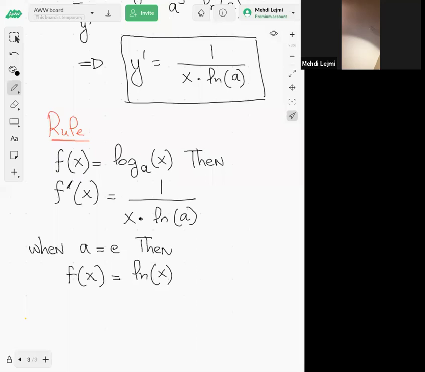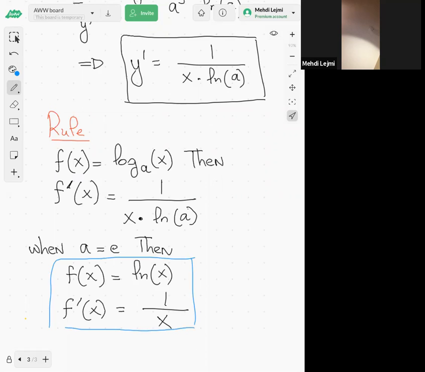And f prime of x is going to be equal to 1 over natural log of e times x. By definition, natural log of e is equal to 1, right? So then f prime of x would be 1 over x. So what I'm saying, guys, is that if you have natural log of x, the derivative is 1 over x.